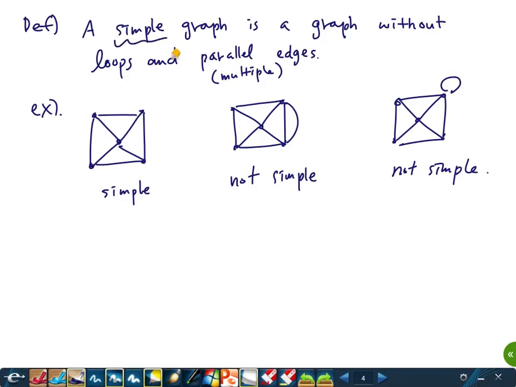We will consider mostly simple graphs, but sometimes, if necessary, we will consider non-simple graphs, and whenever I do, I will specify that. Any question?